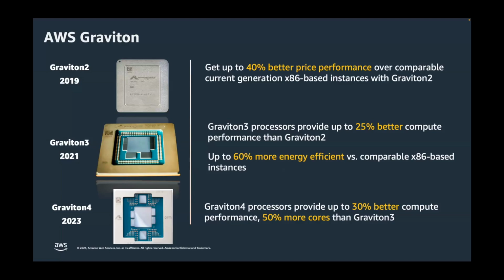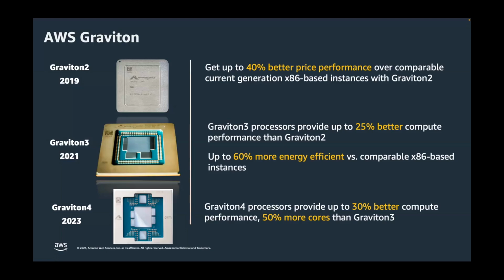Now, the 40% here, we are comparing it to the Intel-based instances on AWS. If you take a look at the on-demand price of our Graviton-based instances versus the Intel instances, you'll see that it's 20% cheaper. And the other 20% comes from the performance improvement, so you can run fewer pods and fewer EC2 servers to serve the same amount of requests.